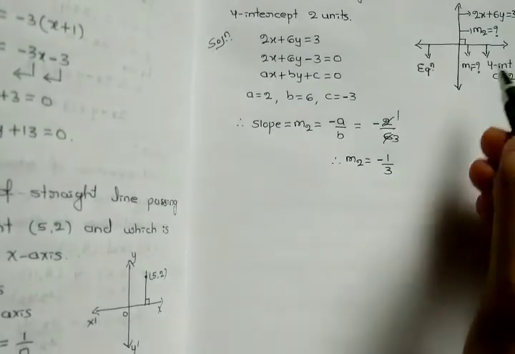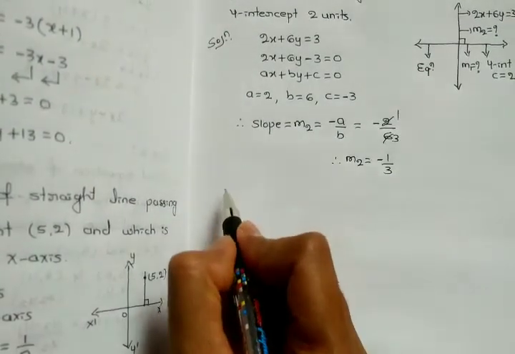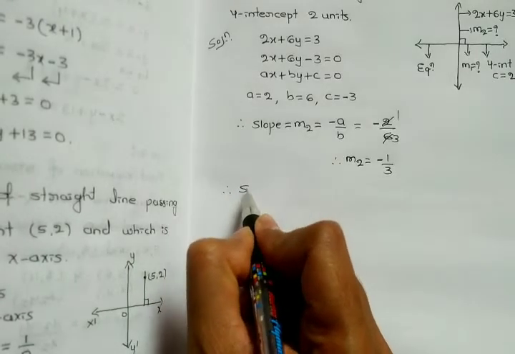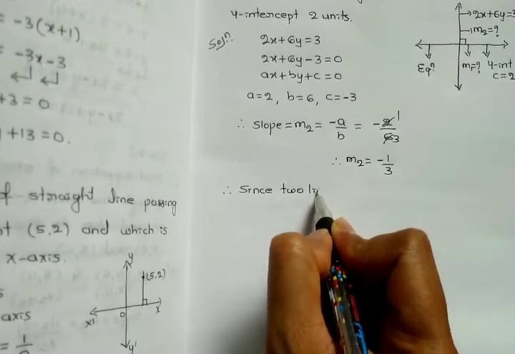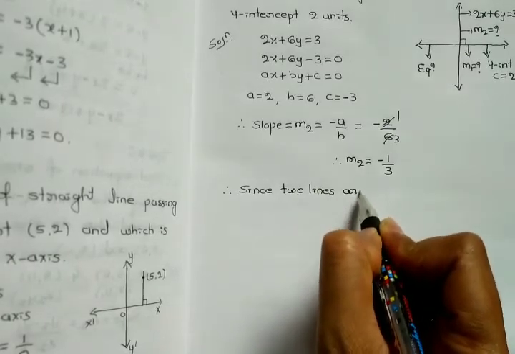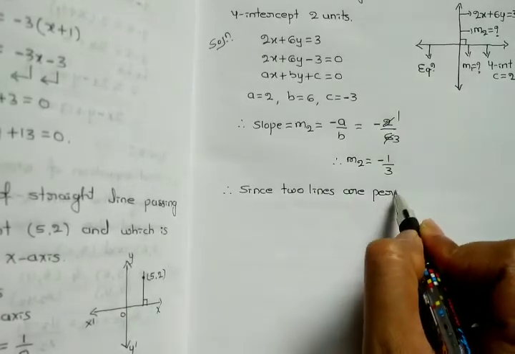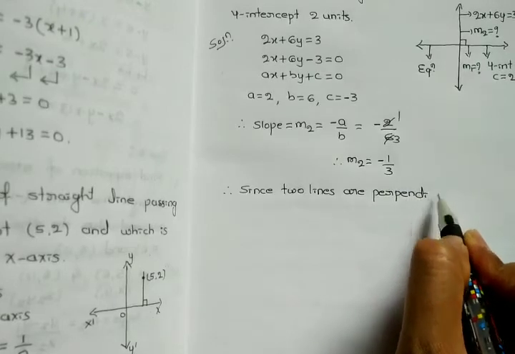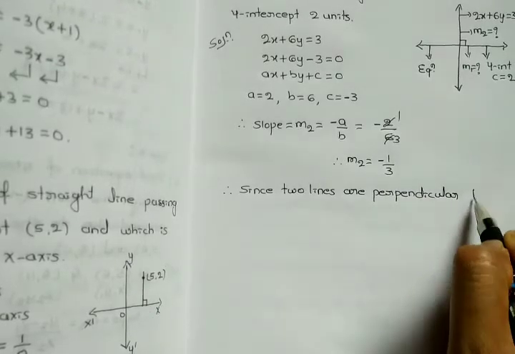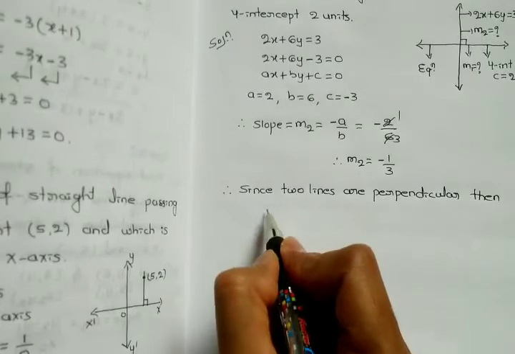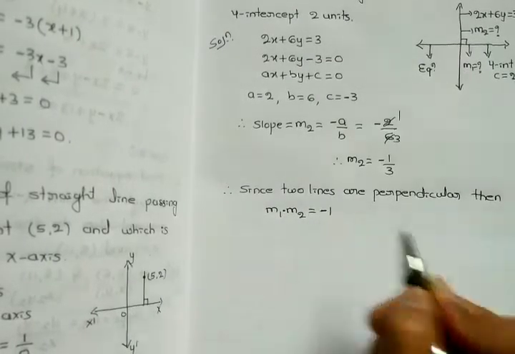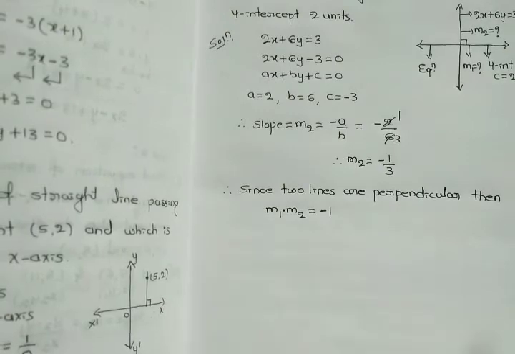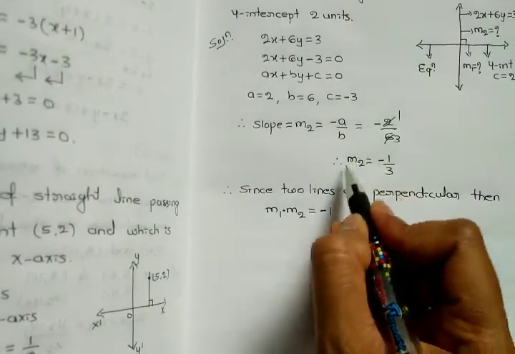So now we need which value? m1. Therefore write the condition. Since the two lines are perpendicular, then m1 into m2 is equal to minus 1. So this is the perpendicular condition. So already you got which value? m2.